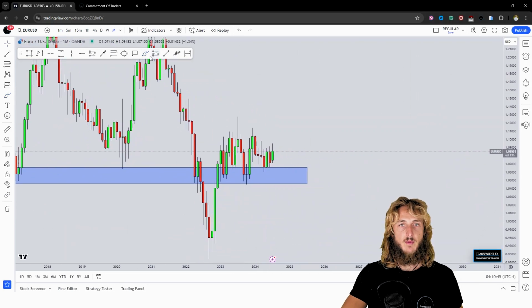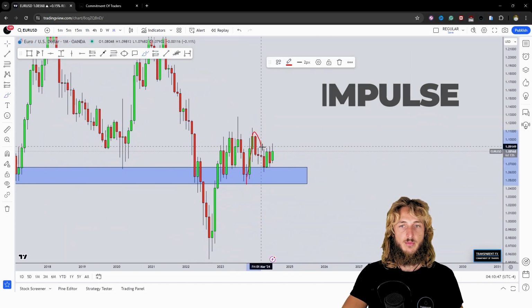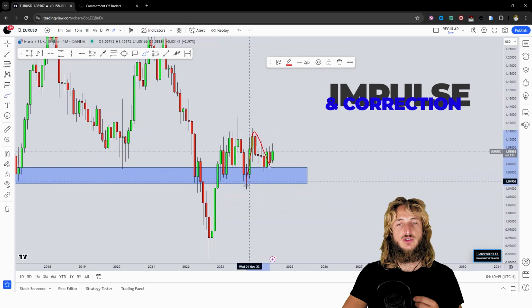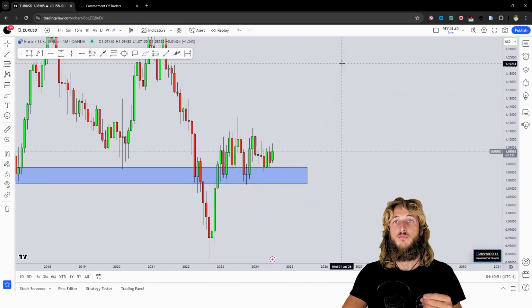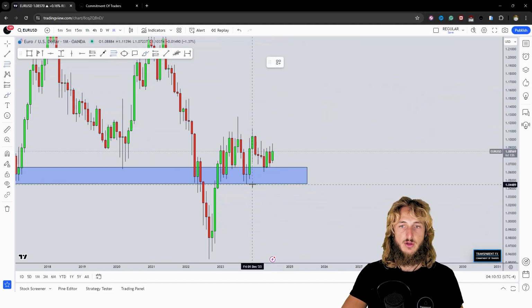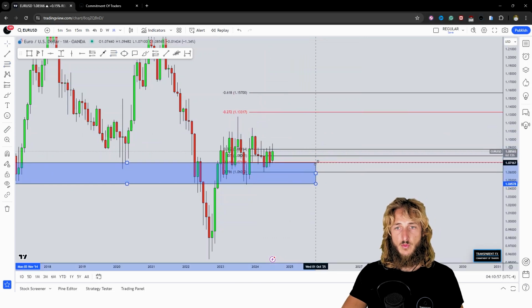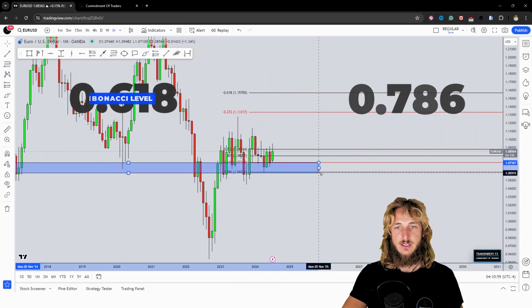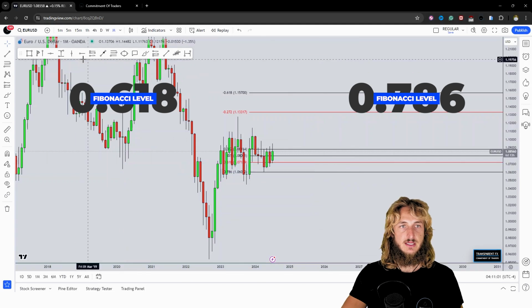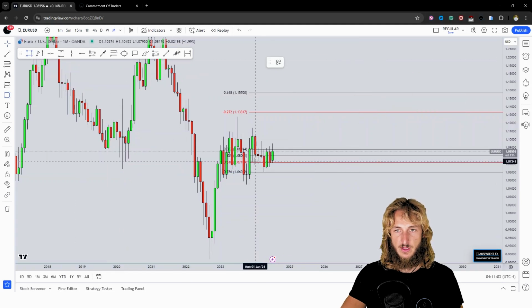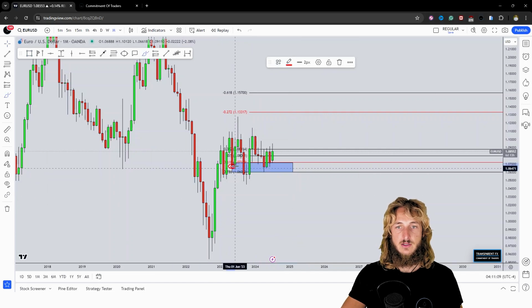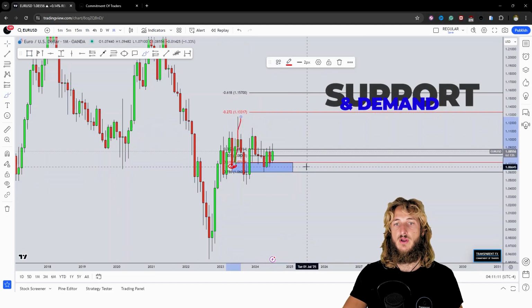We can also notice that from a pattern standpoint, we have a clear impulse followed by this correction. And in general, after an impulse, if you want to measure the correction, you have to take your Fibonacci from the low to the high of the impulse leg. And if we do that, we can see how we have the 0.618 and 0.786 Fibonacci retracements right here, which are also lining up perfectly with this previous level of monthly support and demand from which this push to the upside started.